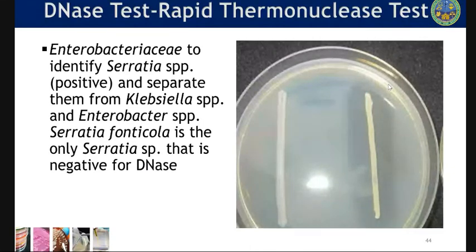Usually Serratia presents a red pigment, but not most of the time. So again, the panel of tests will vary depending on the type of organism or the particular genus or species you are targeting. For negatives, you have Klebsiella and Enterobacter.